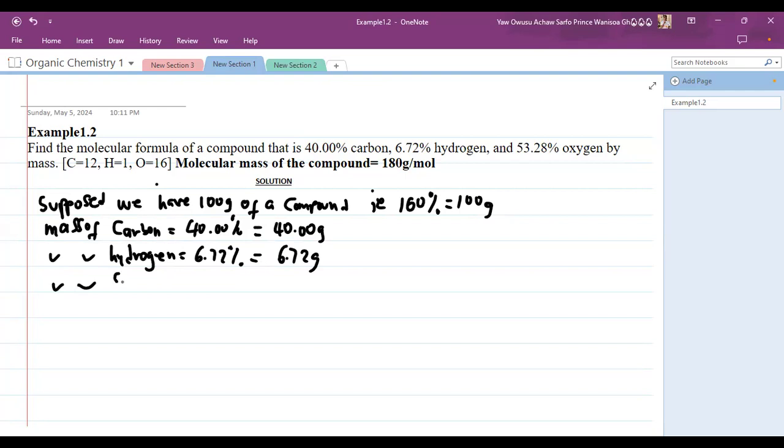Mass of oxygen is equal to 53.28%, which is equal to 53.28 grams. So this is step 1.